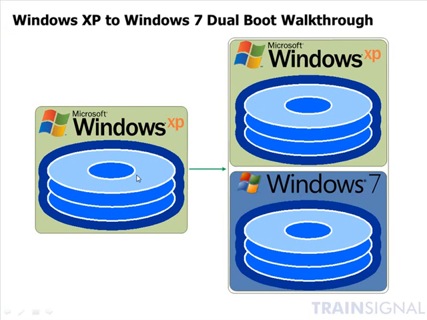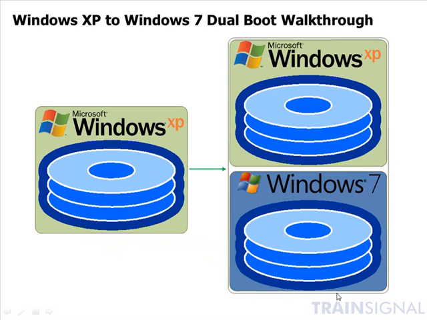This diagram is intended to show you what a Windows XP to Windows 7 dual boot would look like. The round box here is a single computer. Here is a single computer as well. It's the same computer. The Windows XP installation simply sits there and doesn't get touched as part of this process. What we're doing is adding a second hard drive, and we're going to do a Windows 7 installation to that second hard drive.